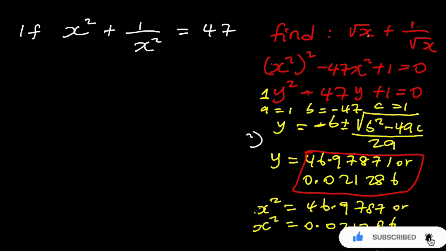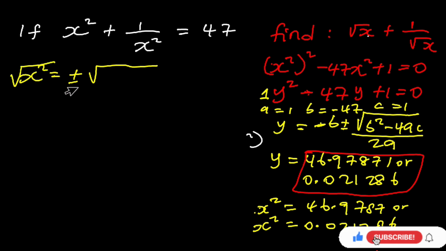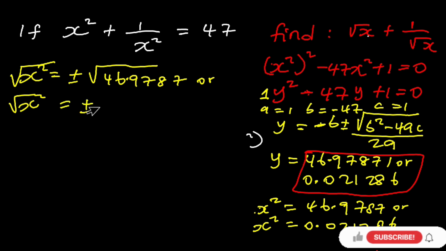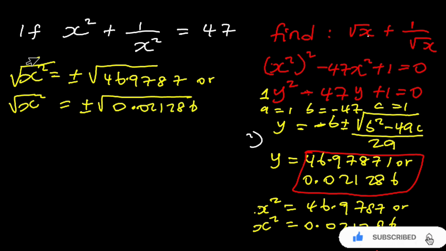So x squared is equal to... we're going to take the square root of both sides. So this is plus or minus root 46.9787, and then for the other, taking the square root of both sides again, equals plus or minus root 0.021286. So this root here is going to cancel this square, so we have x equal to plus or minus root 46.9787.